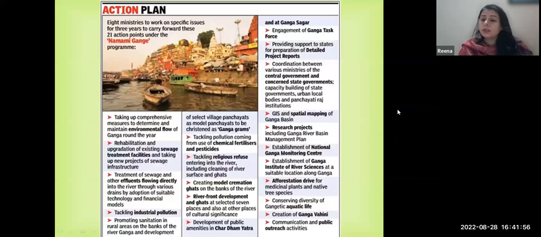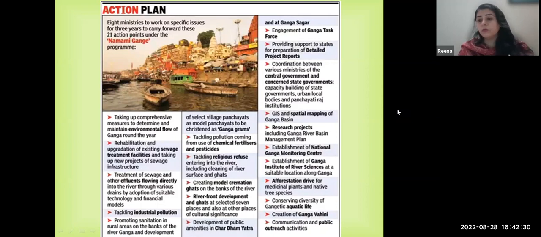So all these points were really identified, and they could have led to complete success of the project. However, due to lack of understanding of our local bodies who are actually implementing these activities, or the people on the ground who are practically involved in these implementation projects, they were not aware how it would help in the overall success of the Ganga Action Plan.